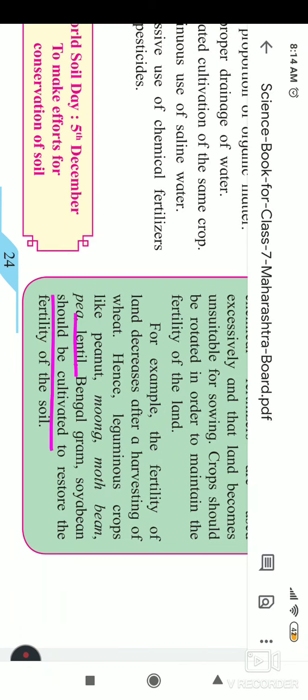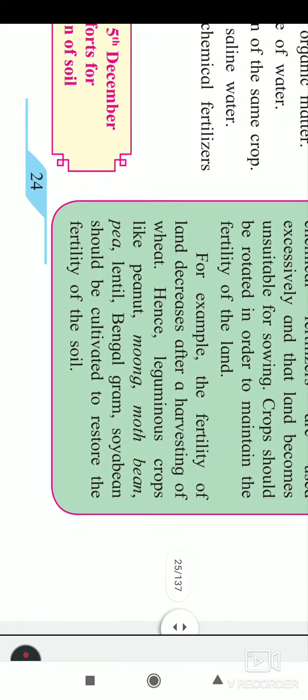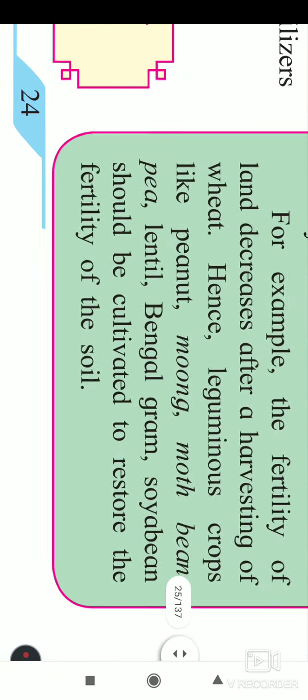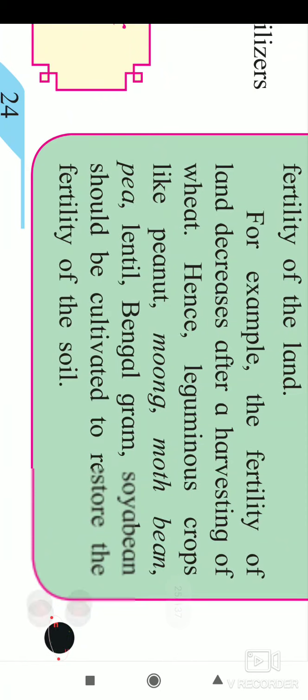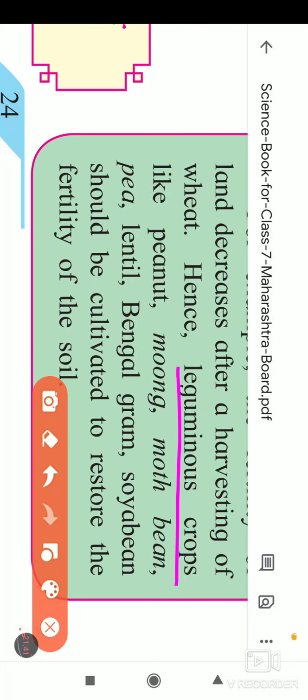For example, if the fertility of the soil decreases after harvesting of the wheat, hence leguminous plants should be cultivated. Which are the leguminous plants? Peanut, moong, moth beans, pea, lentil, bengal gram, soyabean.